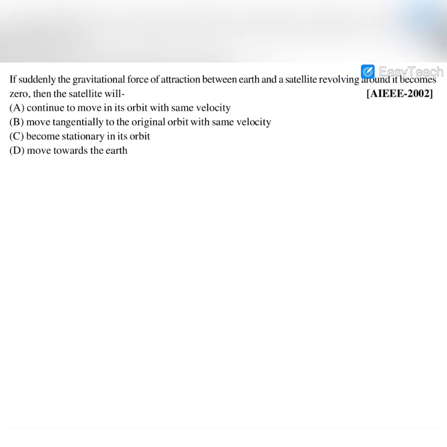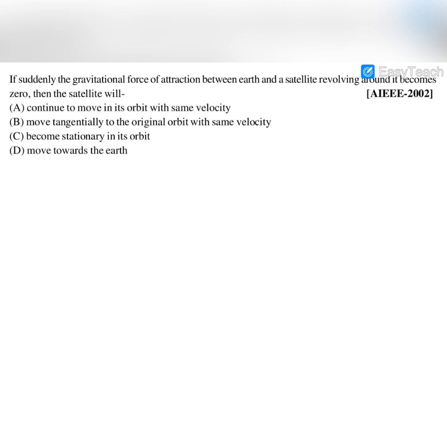In this question, you can see that if suddenly the gravitational force of attraction between Earth and a satellite revolving around the Earth becomes 0, then the satellite will... So obviously we know that if a satellite is already revolving around the Earth, then it's the centripetal force, which is the gravitational pull of Earth, that is keeping that satellite in circular motion.